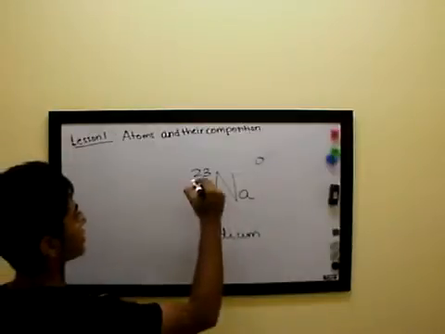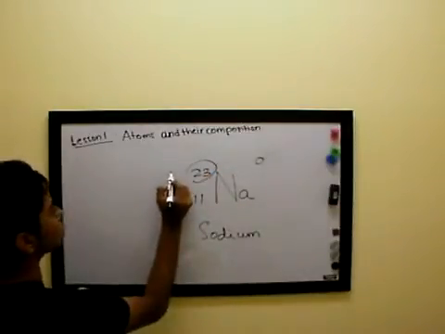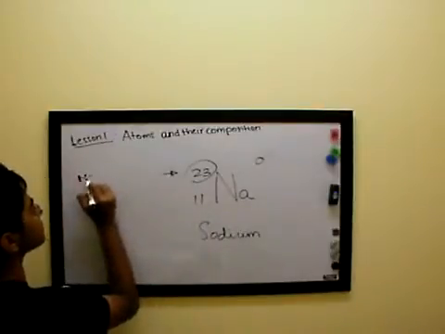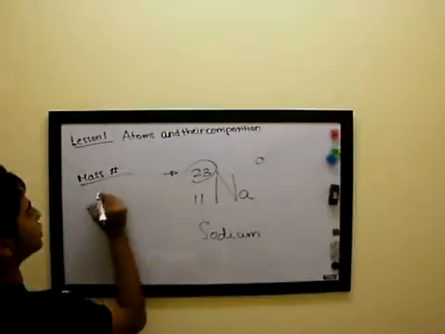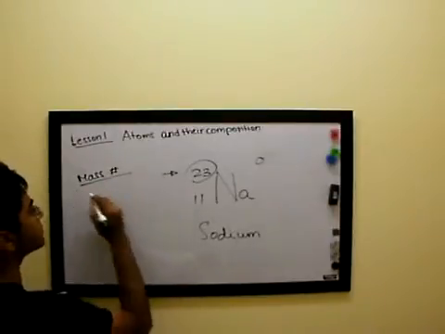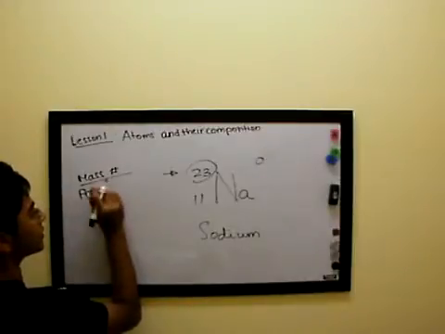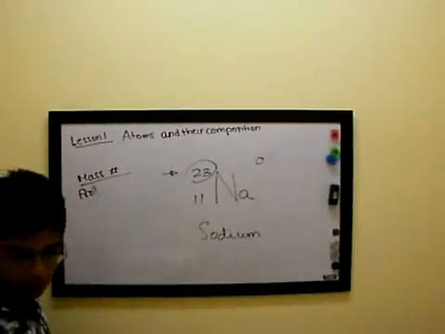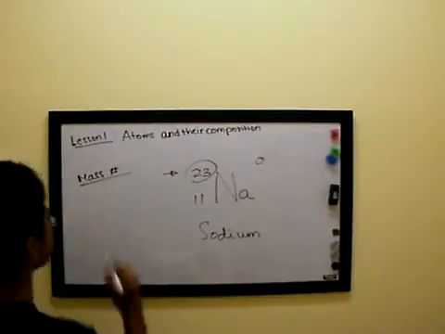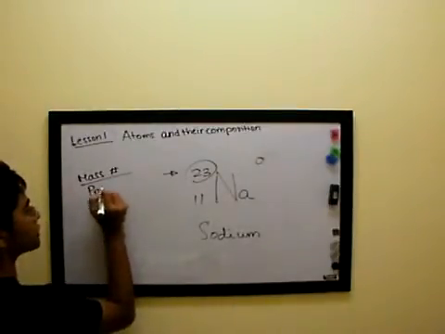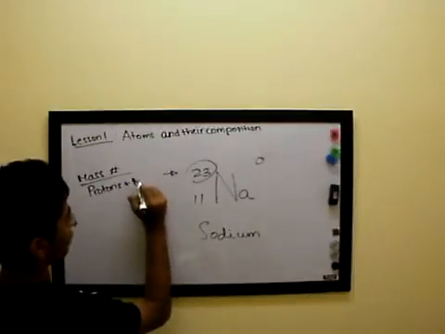So now let's look at this. This is the mass number. So what is the mass number? The mass number is the addition or the sum of an element's protons plus neutrons.